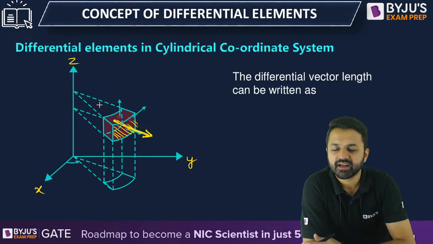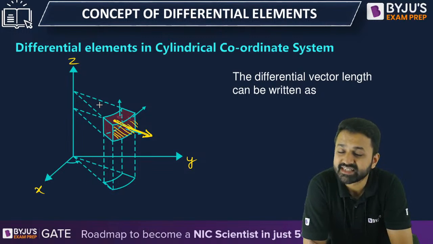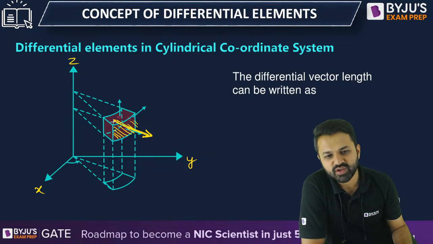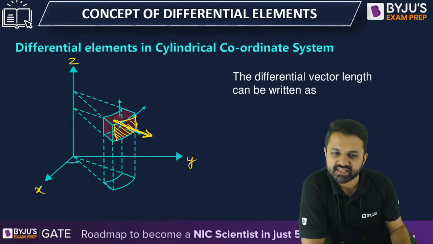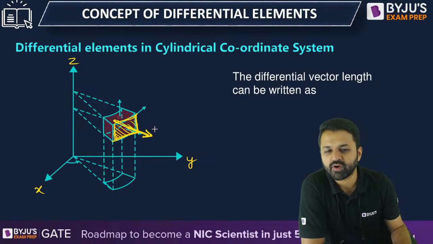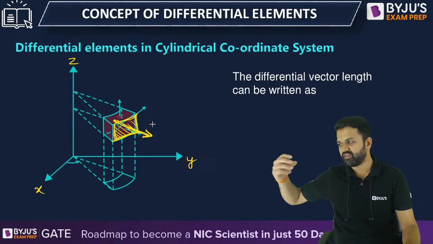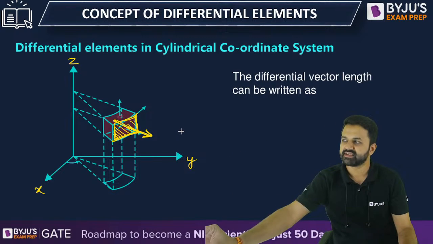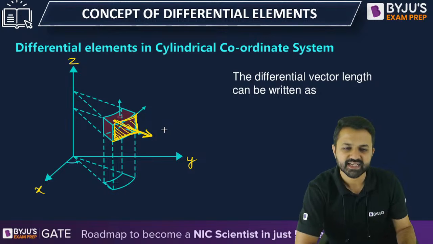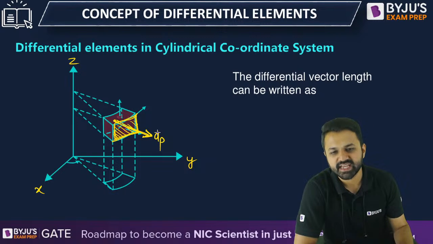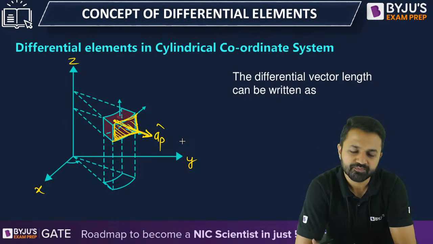Rho is the distance away from the z-axis. So when you move from inside to outside on this surface, you are moving away from the z-axis, and whenever you move away from the z-axis, the radius will increase. That means that will become the direction of rho.